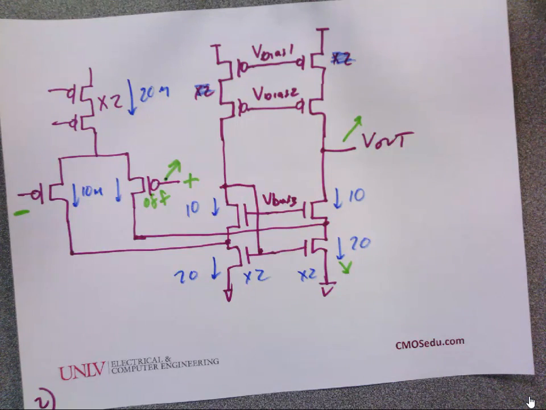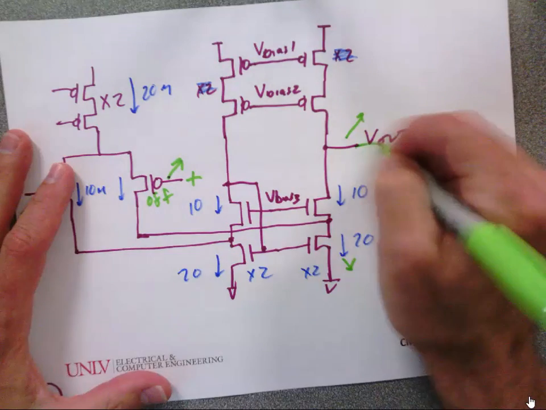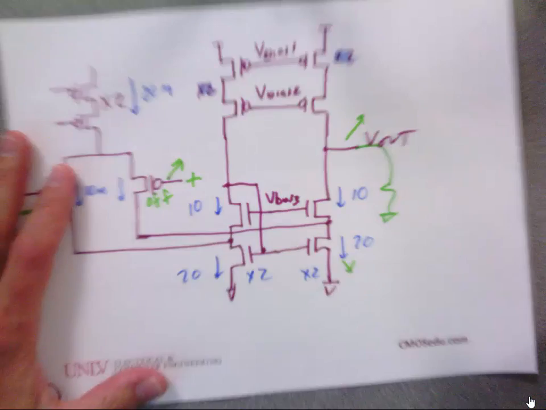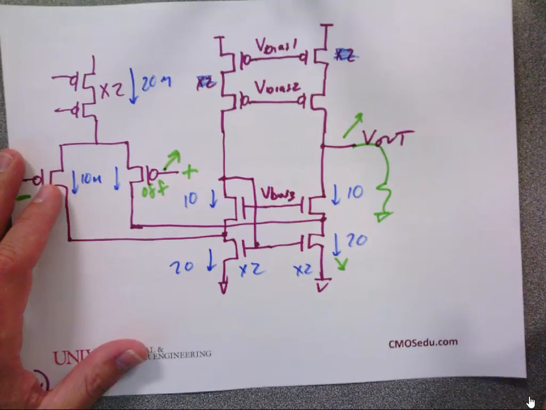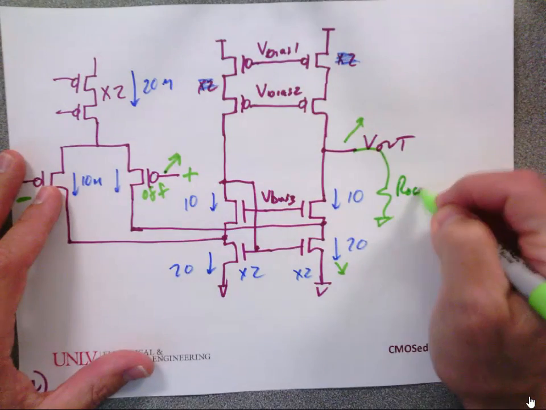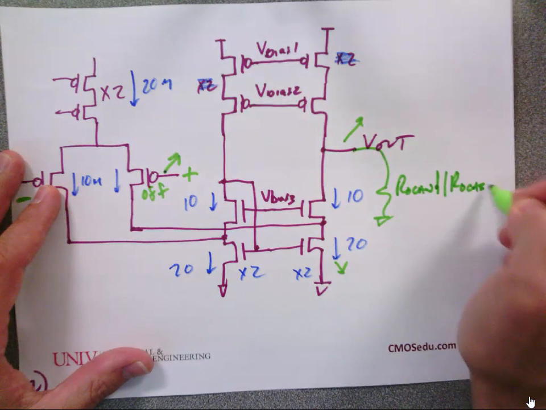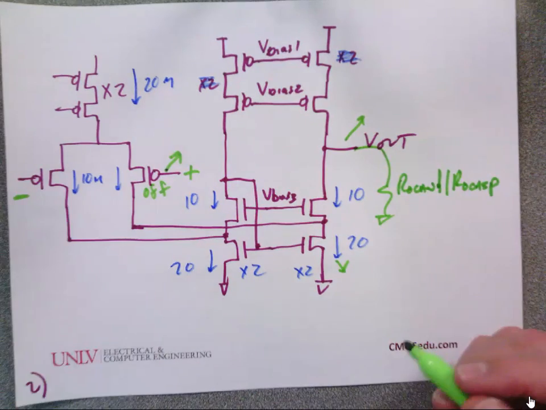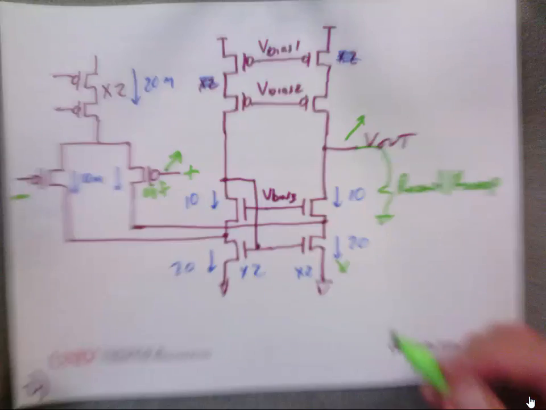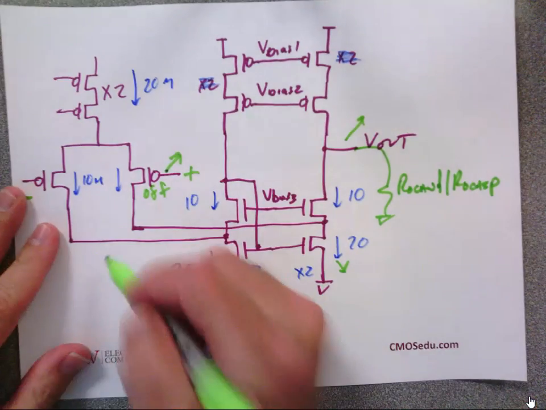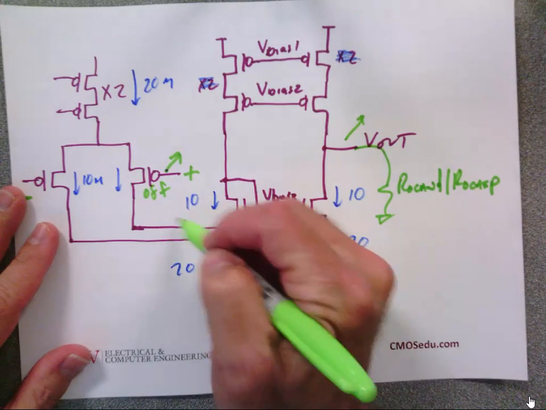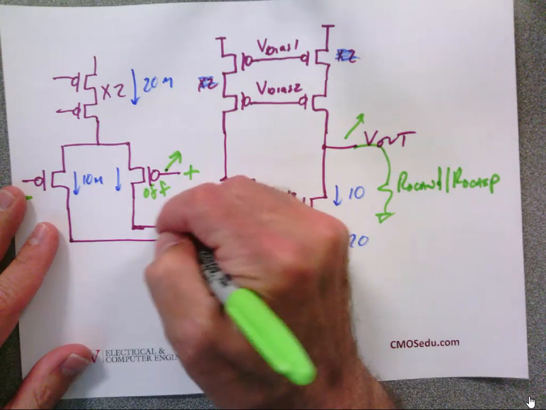So let me simulate this and then I want to derive the gain. Actually, let's derive the gain right now real quick. So what do I put here for the effective output resistance? Okay. And now I look at this, and let's say that I have a current that flows here. Let's just say it's flowing in this direction.